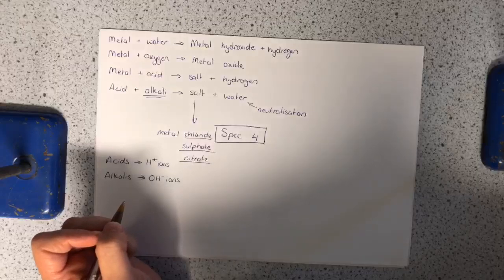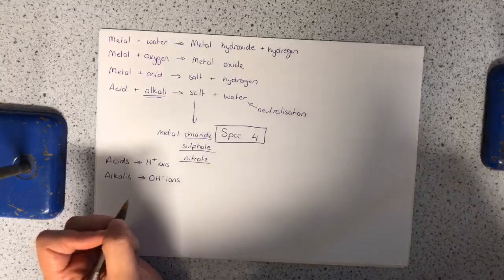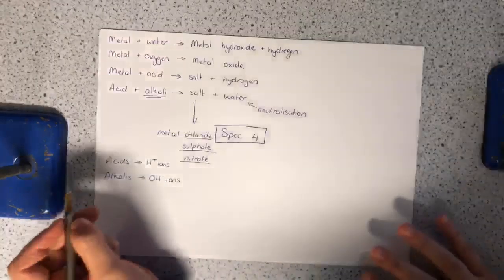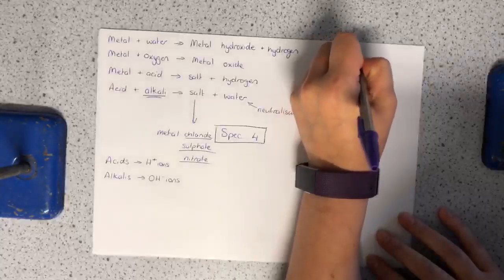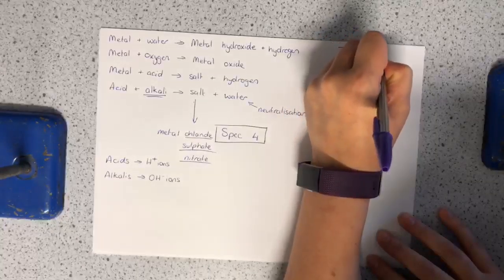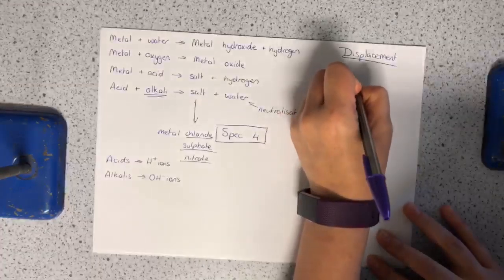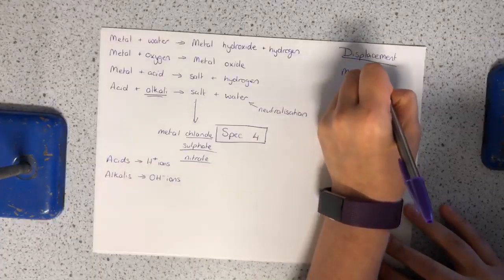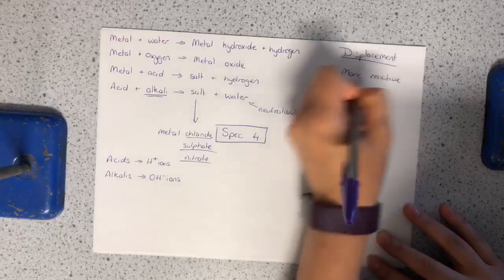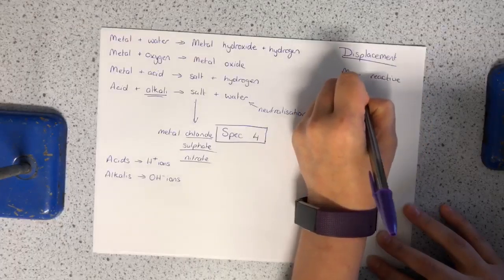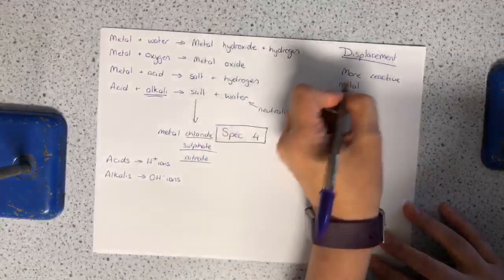We've also got displacement reactions, which, like I said before, you need to know that reactivity series. Displacement is simply where a more reactive metal takes the place of a less reactive metal.